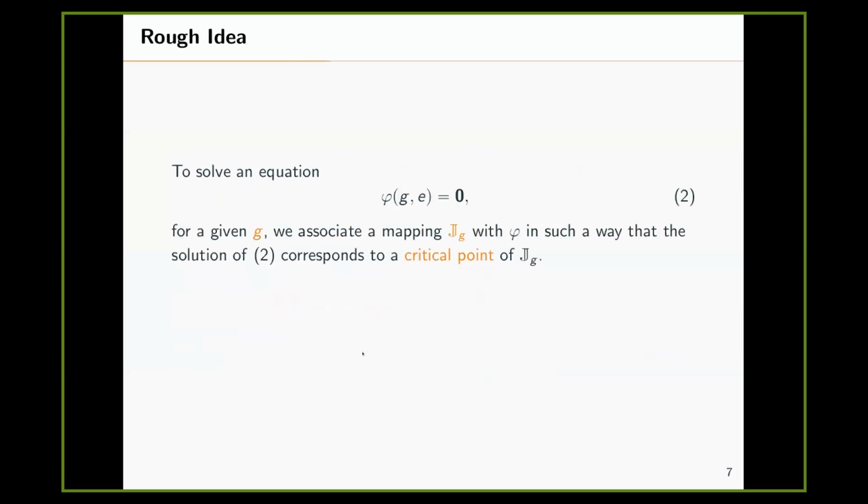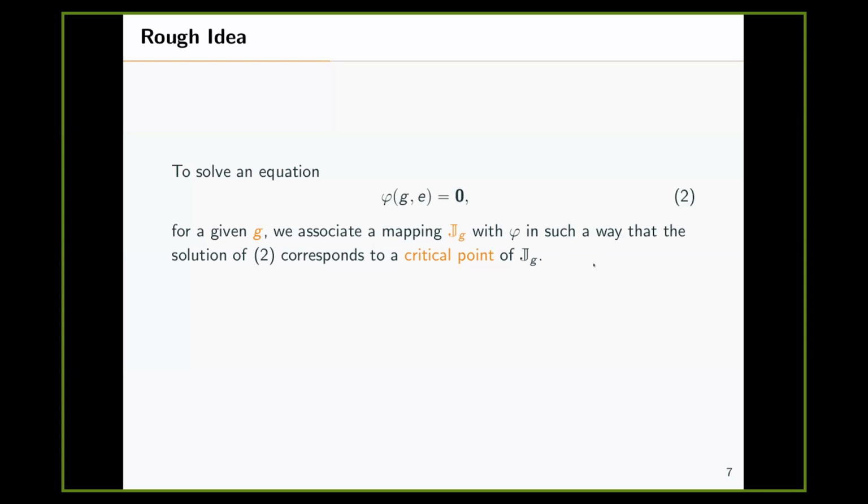So here is the rough idea of our approach. To solve this equation, we will not solve it directly. For a given G, we will introduce a mapping such that the solution that we look for is the critical point of this mapping.